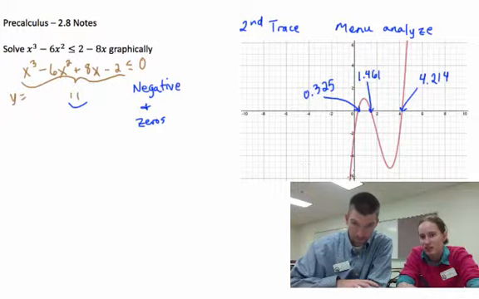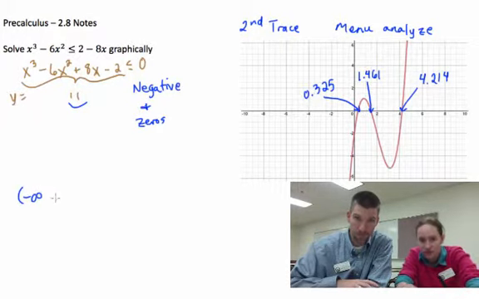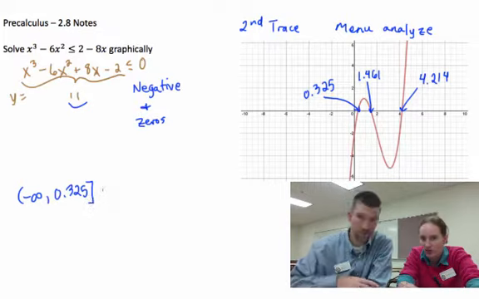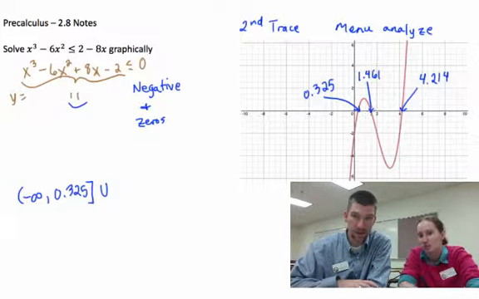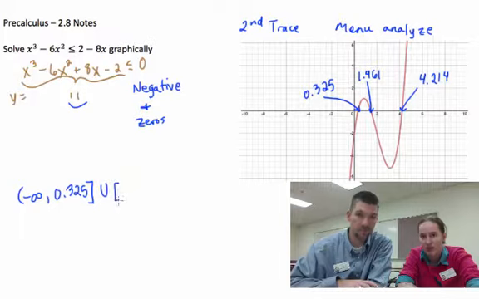It's negative here from negative infinity until we get to our first 0, which is 0.325. But we are including 0 because it can be equal to, so we put a bracket. From 0.325 to 1.461, it's positive. From 1.461 until we get to our next 0, it's negative. And again, bracket those things because it's equal to.